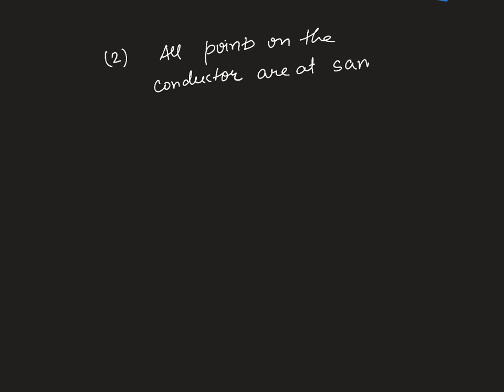Now we have to write down the two rules that we have studied right now. So the second rule was all points on the conductor are at same potential. So the entire conductor becomes an equipotential surface.